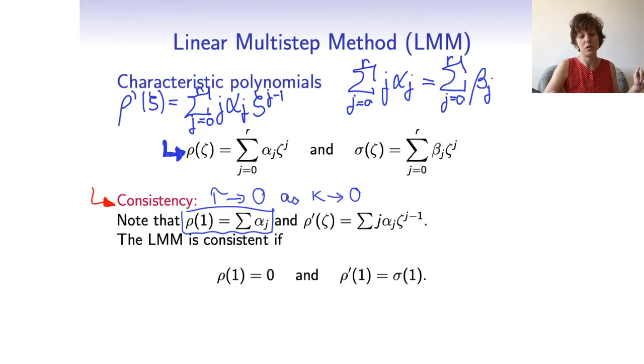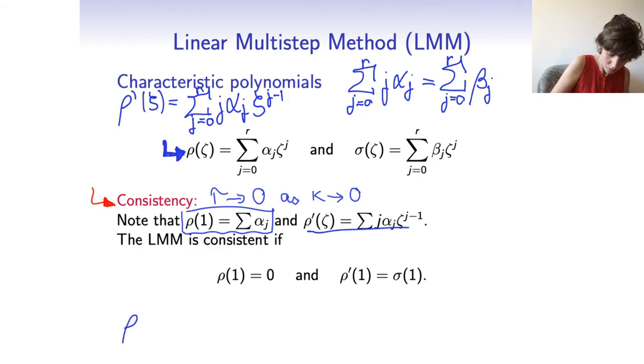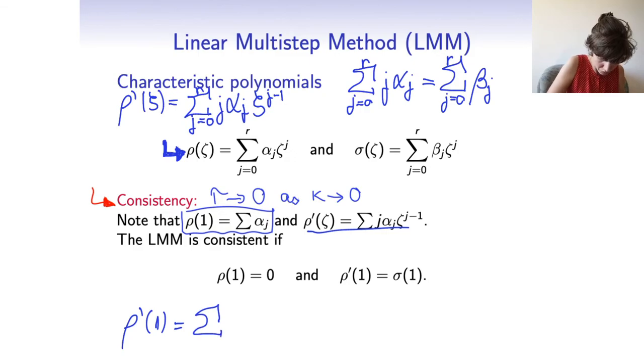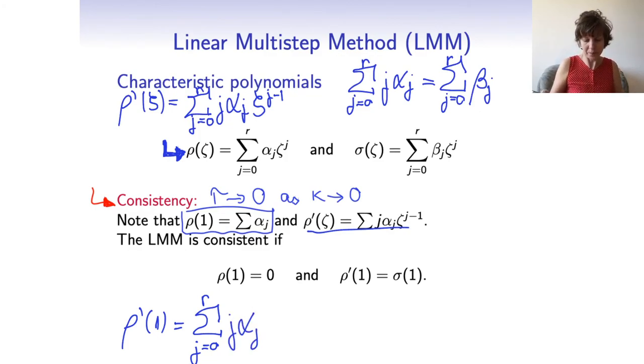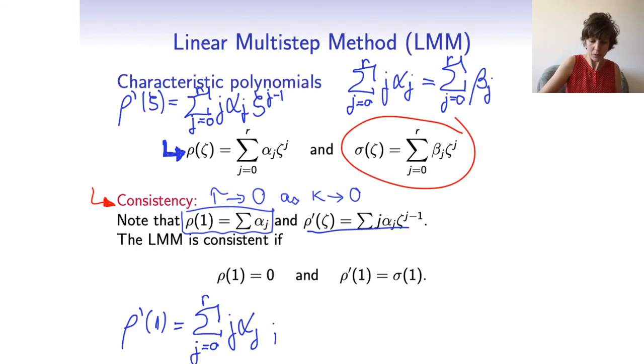It could also be j going from 1 because then it doesn't matter. I wrote it here, okay. So for rho prime of 1, it will be equal to the sum of j equals 0 until r of j times alpha j. And now let's look at this polynomial here.